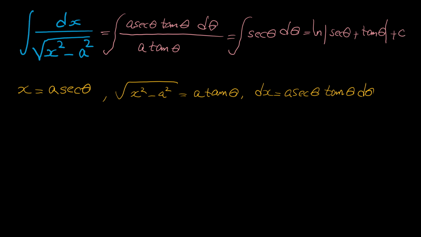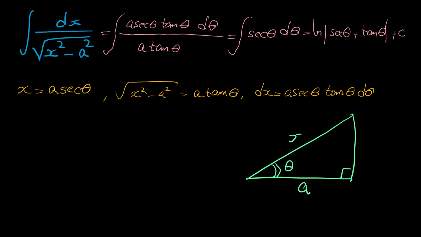Again, our job is to rewrite this in terms of variable x. We don't want to write our answer in terms of theta. So we draw a right triangle again. We suppose here theta, and then this side would be a and the hypotenuse is x.